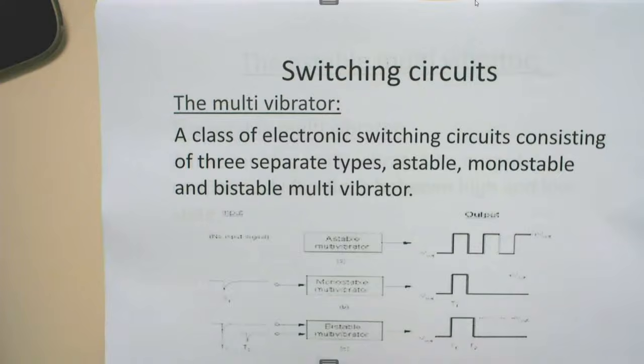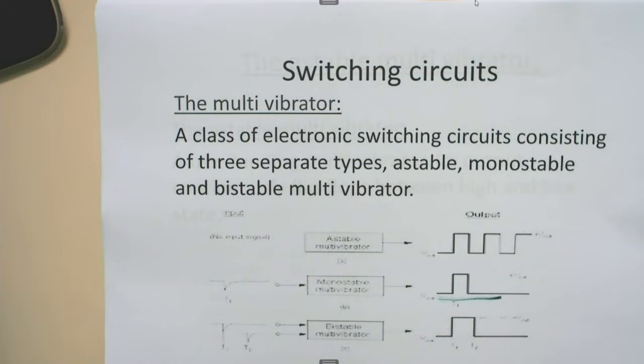If you look at this picture that you have here, under an astable multivibrator, you do not have any input. You only have a continuous output of square waveform. Under monostable, as the word mono means one, you'll have one input or one trigger that will trigger the signal, so that you'll have this signal on your output.